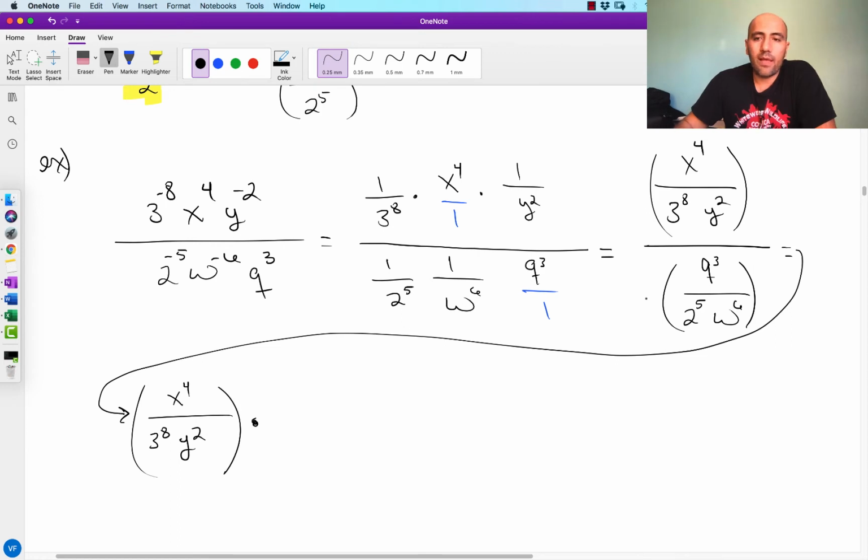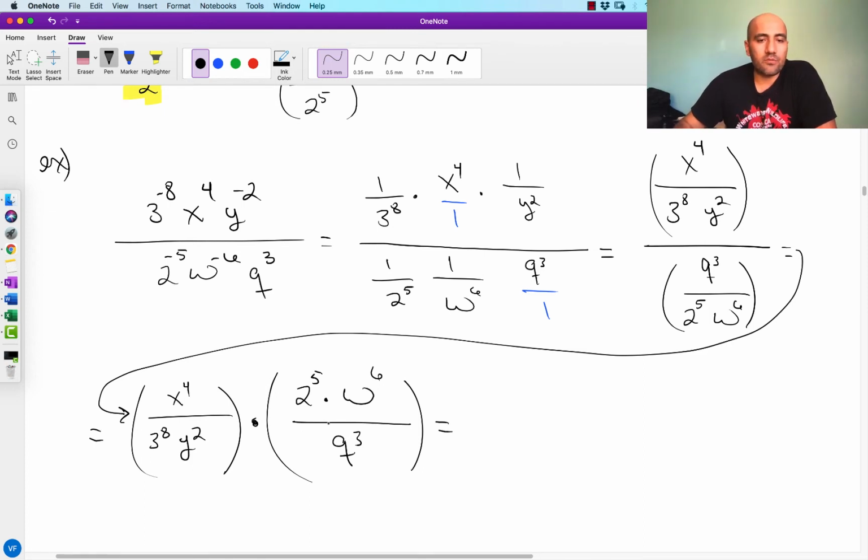And we're going to multiply it times the reciprocal of the denominator, which is a 2 to the 5th power times a w to the 6th power divided by q to the 3rd power. Good.